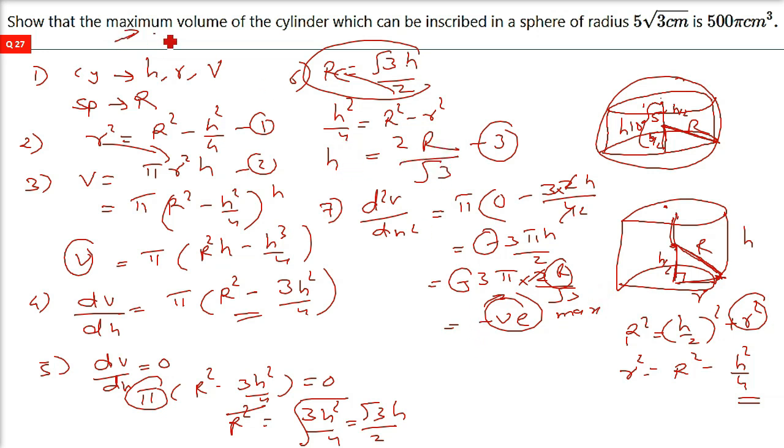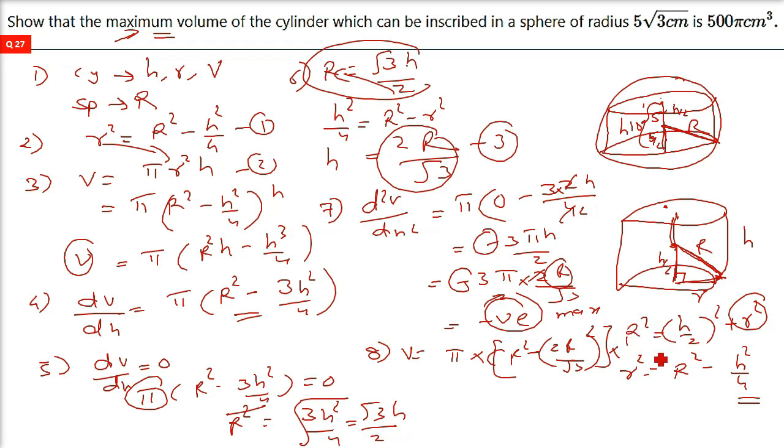The next one is the actual question being asked: you have this sphere of radius 5√3, and you have to show that the volume of the cylinder is going to be 500 pi. So pi r square h, where it's small r square, we need the capital R. So pi into (capital R square minus, in place of h, write 2R by √3) and then again h will come: pi r square h, so you can just write this 2R by √3.